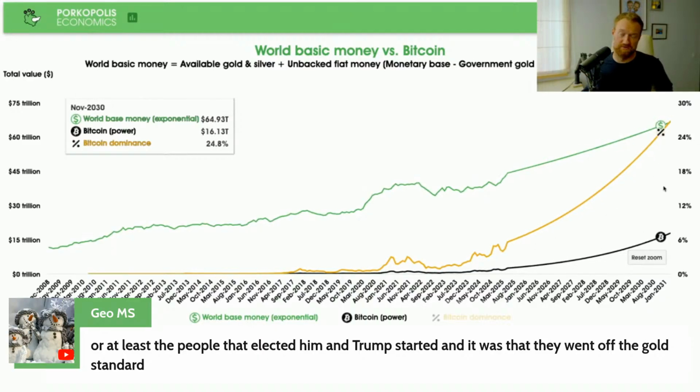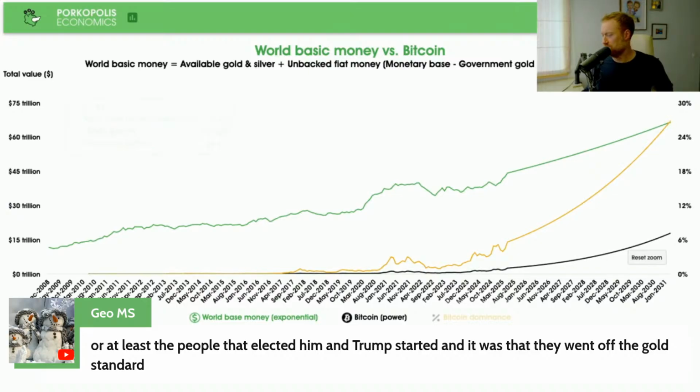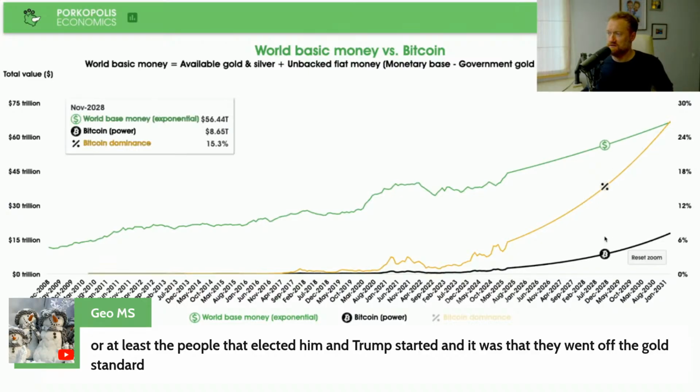So this also helps, doesn't it? Linear scale can show us that we got some time, in my opinion. In 5 years, if Bitcoin is 25% of global base money, then we're on track. What do you guys think?